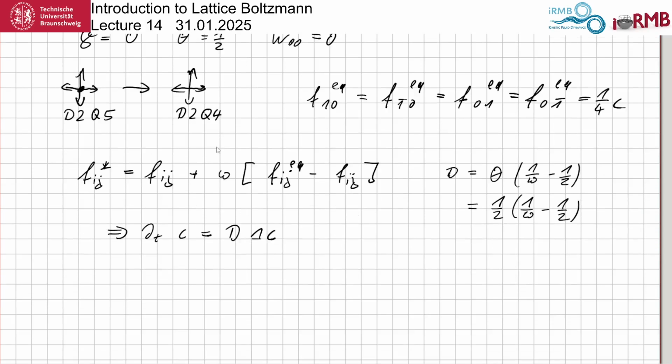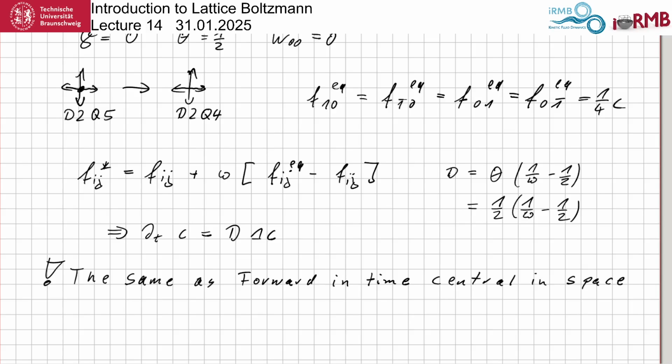And if you look at this model in more detail, you will find that this is, of course, not a new idea. It is the same as forward in time, central in space finite difference.